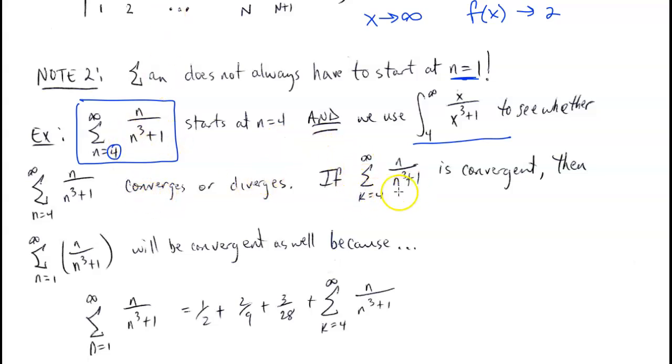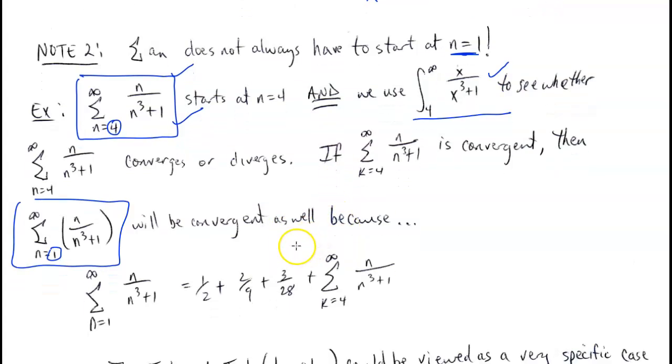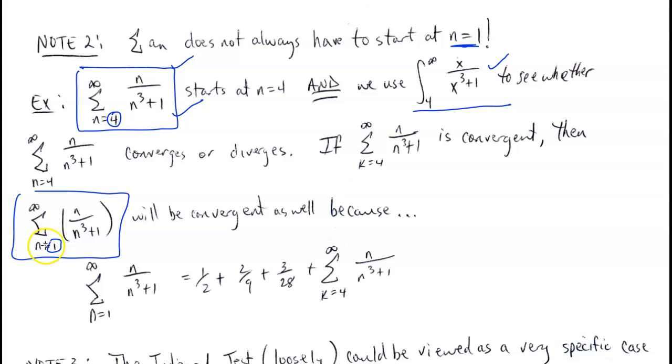Now, note that if we find that this particular series is convergent by finding that this particular improper integral is convergent, then it'll also be true by default that the series which is the same as this one, but it starts at 1 for n instead of 4, will also be convergent because of the fact that this particular series, when it starts at 1, is just these 3 numbers added on to what this series already is.